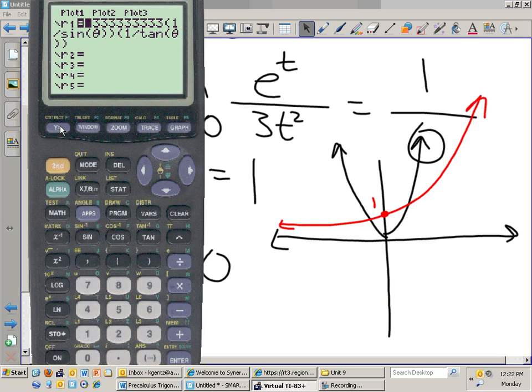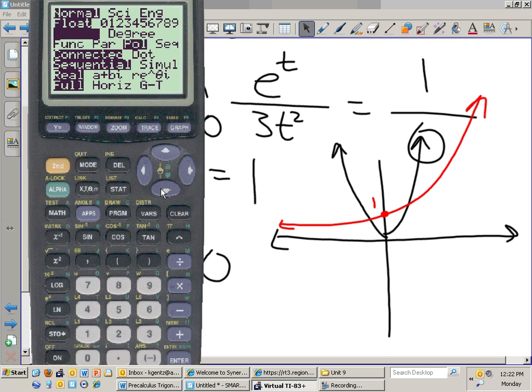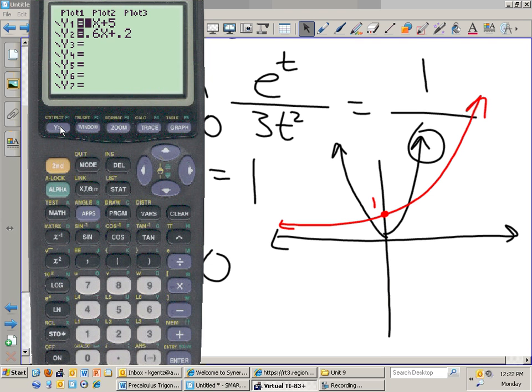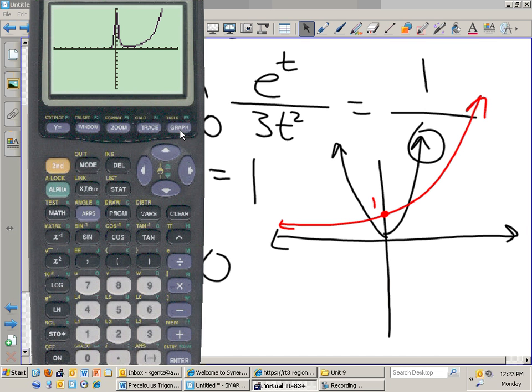y equals, if we go to e, well, I'm in parametric form. I'm sorry, I was in parametric form last hour. There we go. I want a function. Look at your graph.